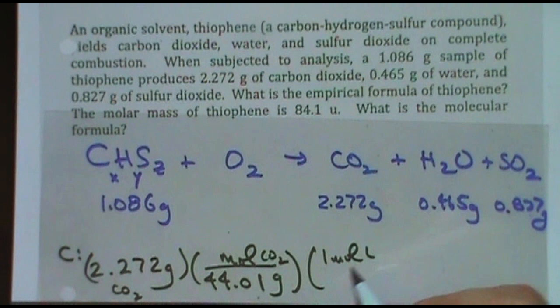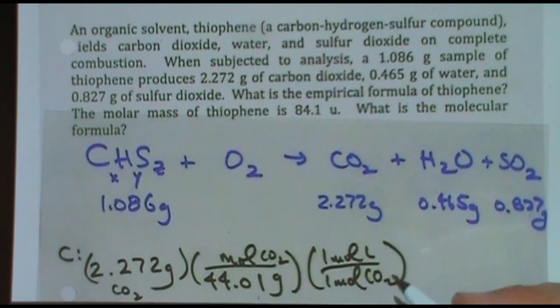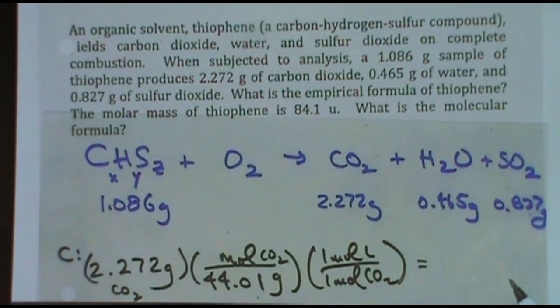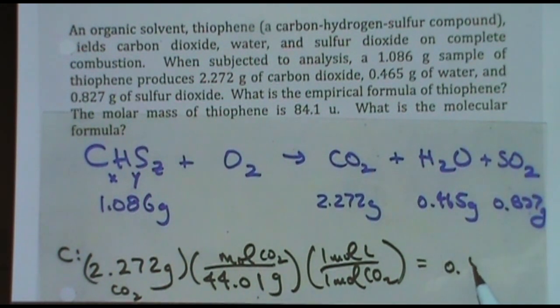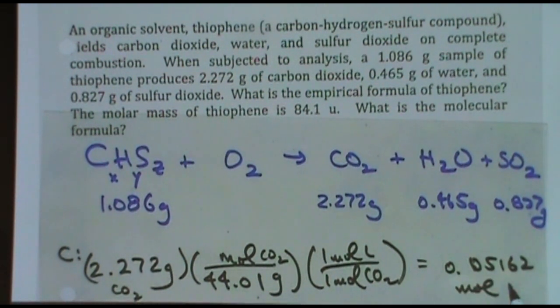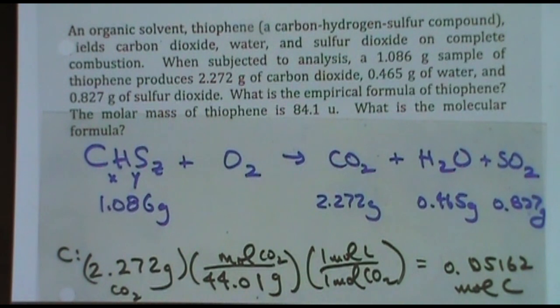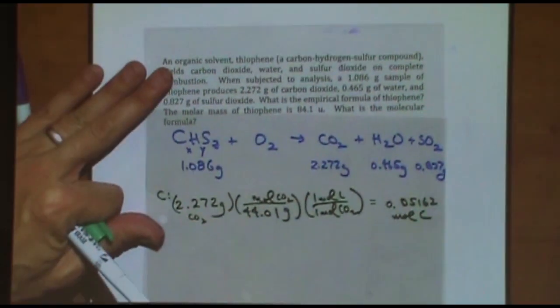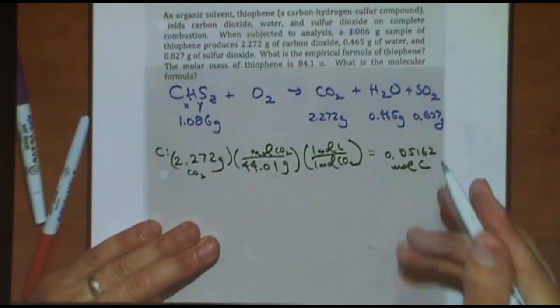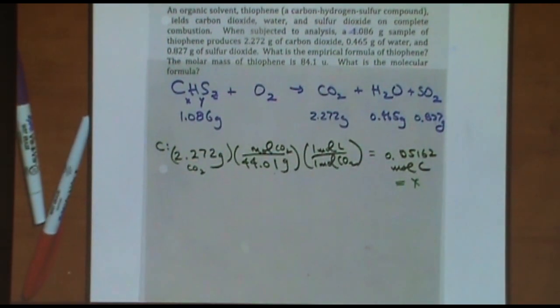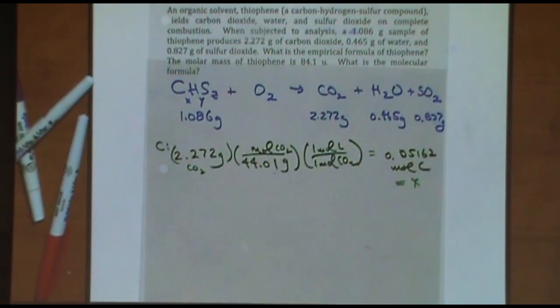There's 1 mole of carbon in every 1 mole of CO2, or in other words, there's 1 carbon atom in each CO2 molecule. This turns out to be 0.05162 moles of carbon. Remember, key unit is moles, that's why I'm going to moles. This is also what variable? This is X. Not quite, but it's pretty close to X.